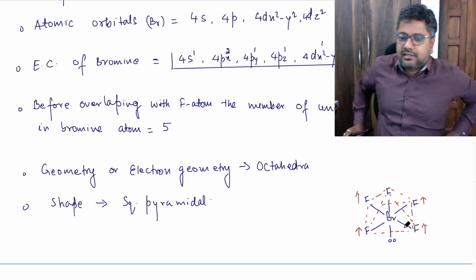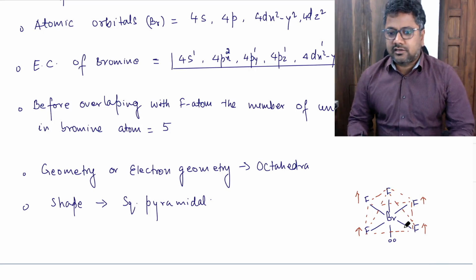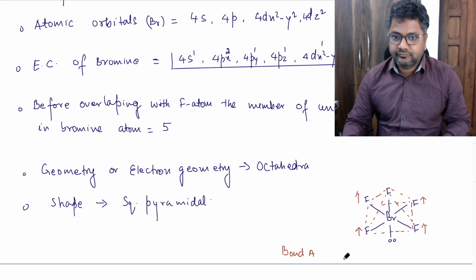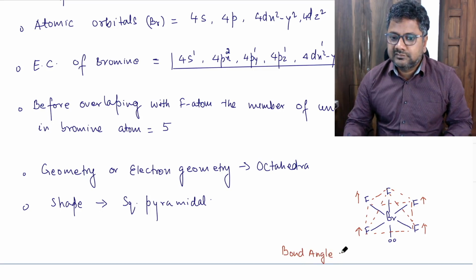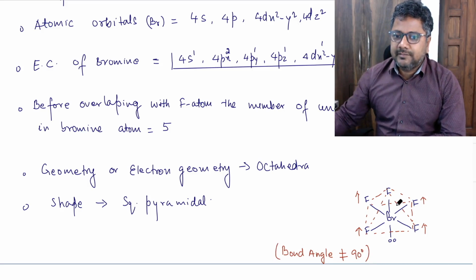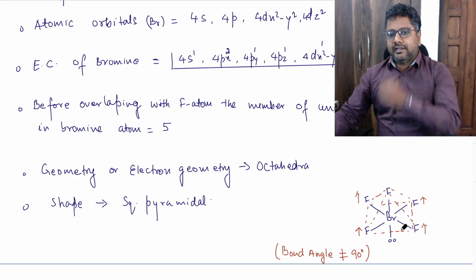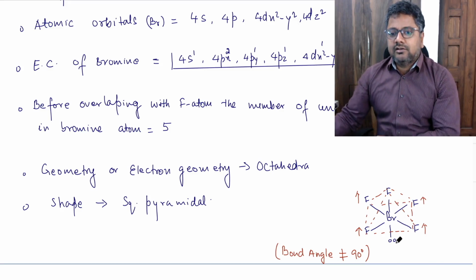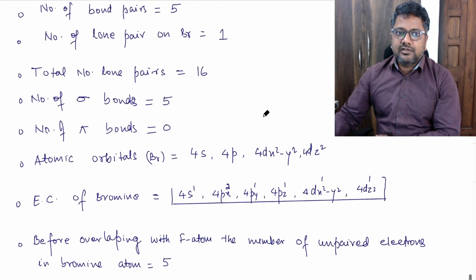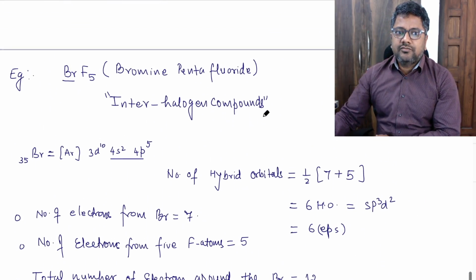So the bond angle is not equal to 90 degrees, but not much deviated; it is close to 90 degrees. In an ideal structure all these bond angles would be 90 degrees, but here, due to the presence of the lone pair of electrons, the bond angle is not equal to 90 degrees. So this is the complete explanation of the structure of a molecule.